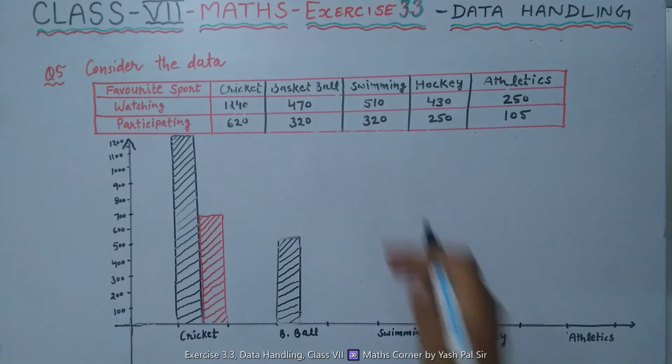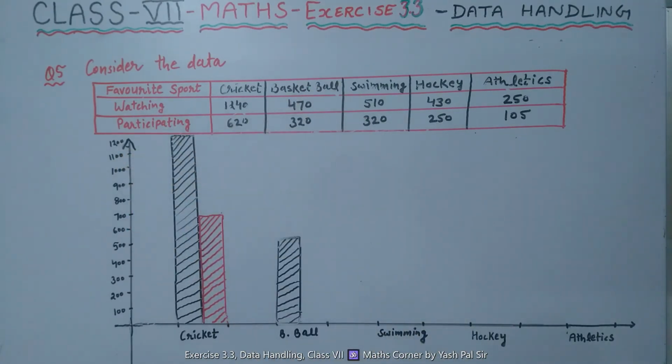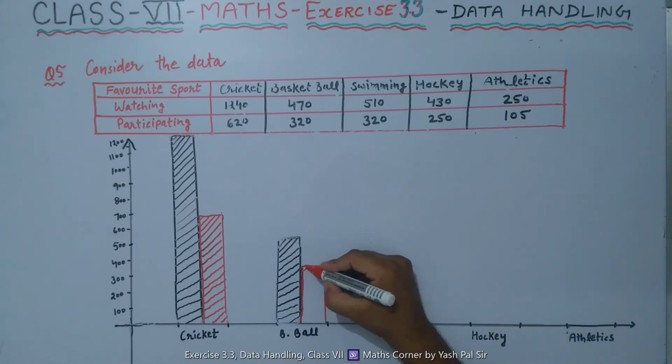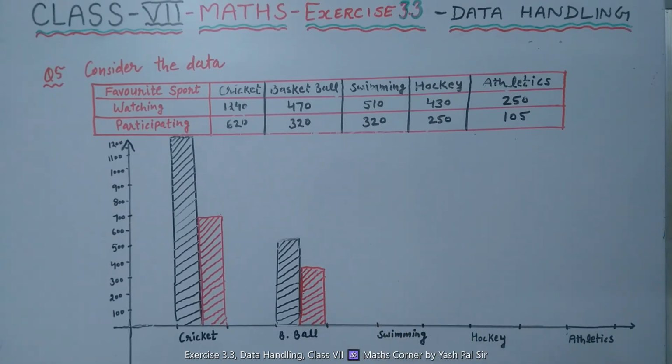Our next is 320 who like to participate in basketball. In this way we have 320 as the number of people who like to participate in basketball as their favorite sport.